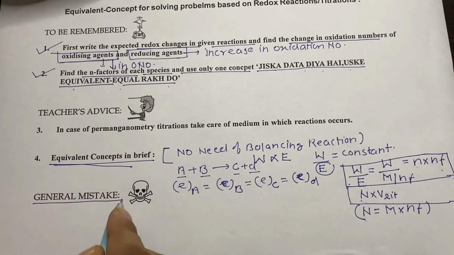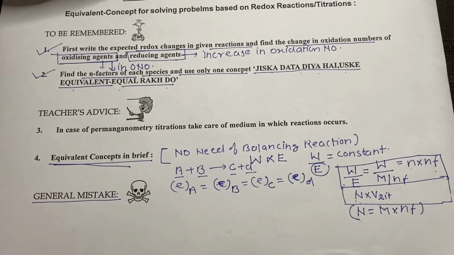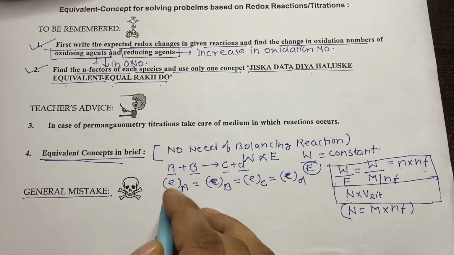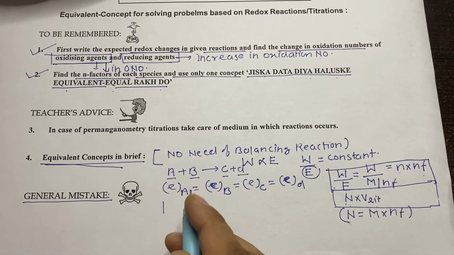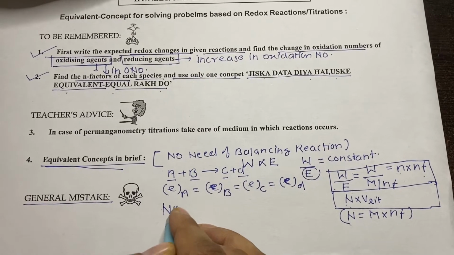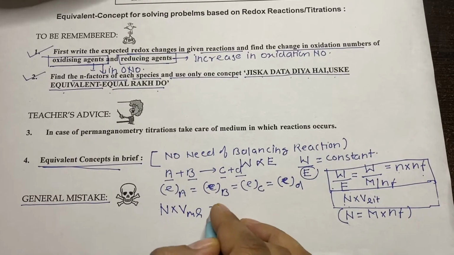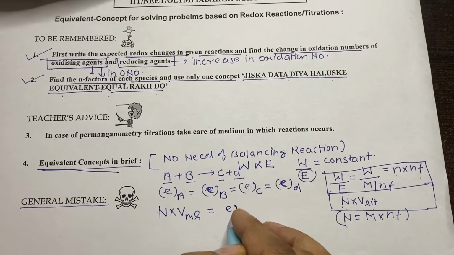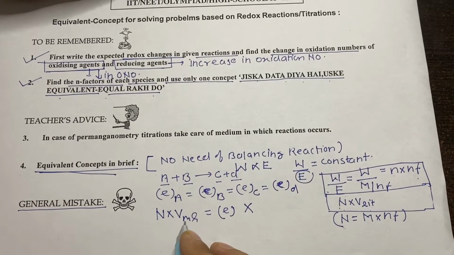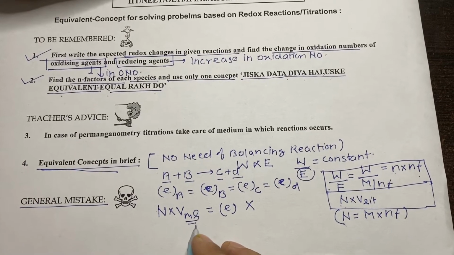The general mistake in solving problems based on the equivalent concept is that we confuse equivalents and milli-equivalents. So N into V in ml, if we say that it is equivalent, is wrong. It is milli-equivalent because volume is taken in ml.